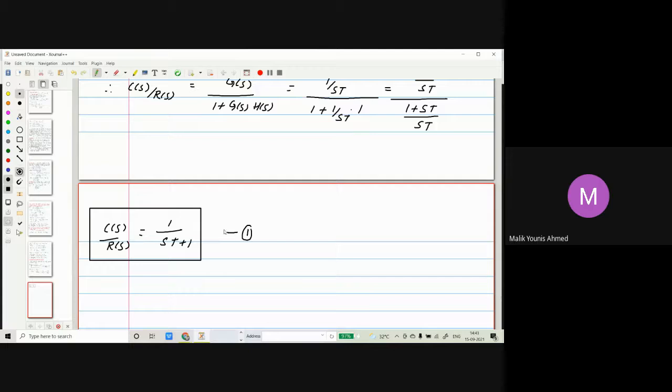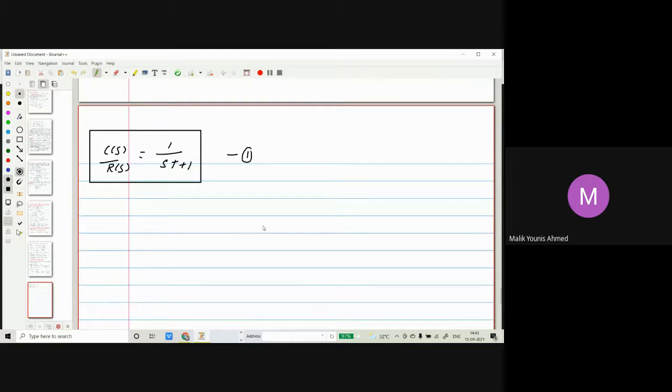From here, we have to see all the three. We have to see ramp, and then we can see impulse, and we can see other responses also for this one. So next heading is response of the first order system with ramp function.